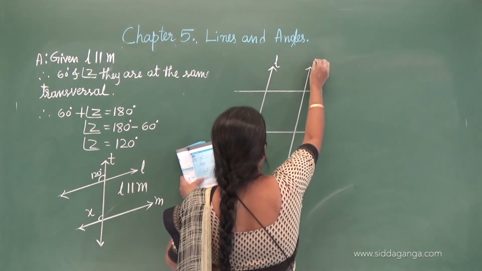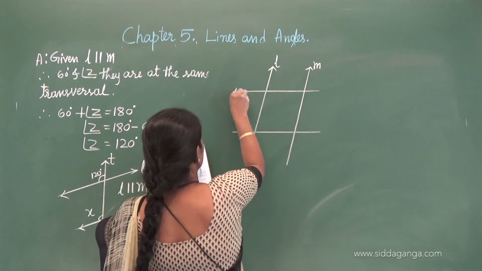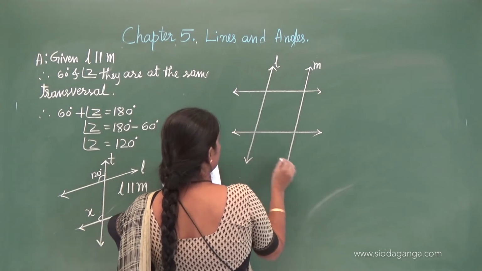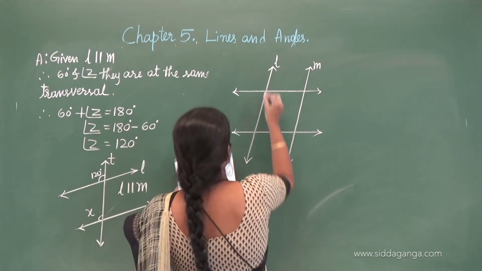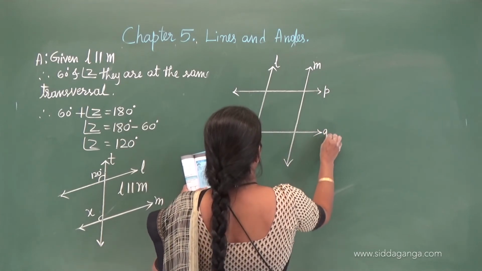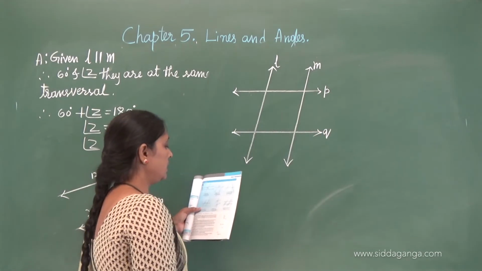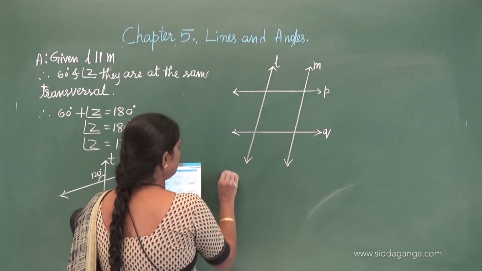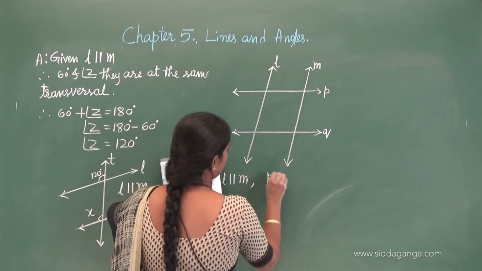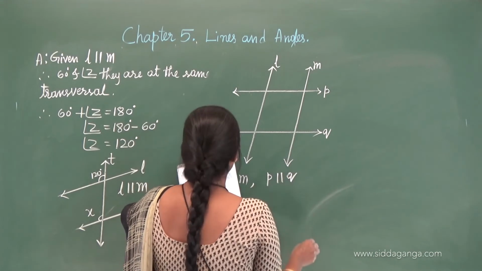However, we have straight edges, that is ruler, scale with us. We can use neatly to draw parallel lines. It's L, it's M, it's P and it's Q. So they have given that L is parallel to M and P is parallel to Q.